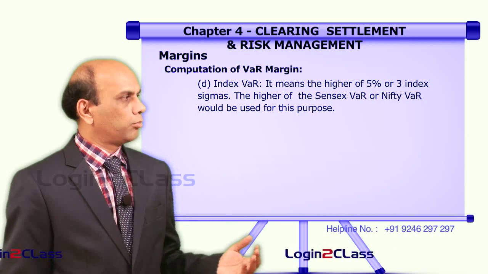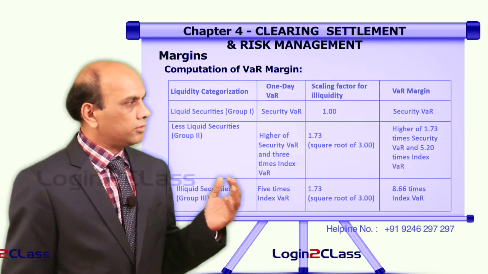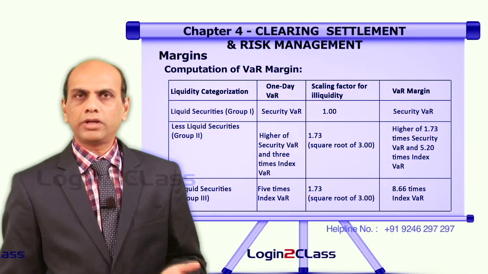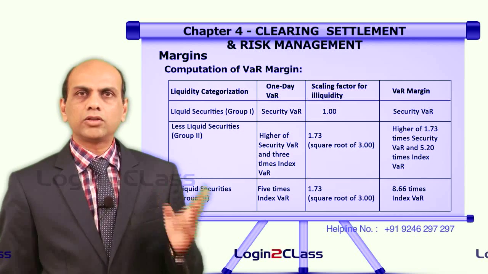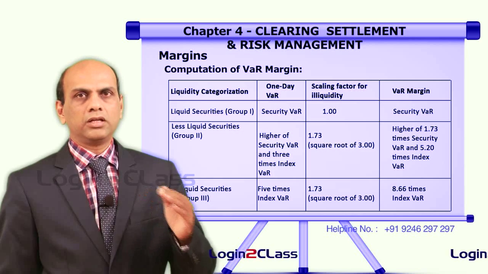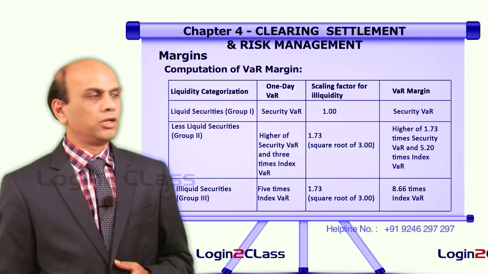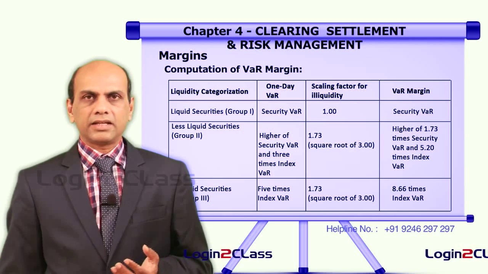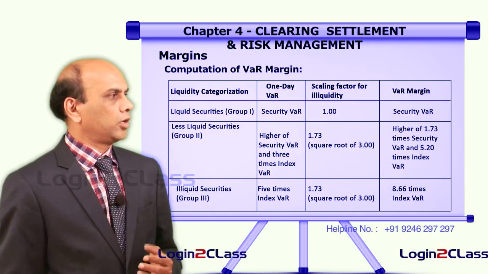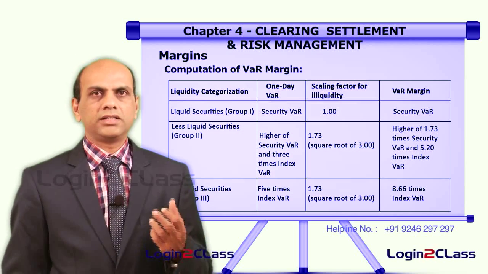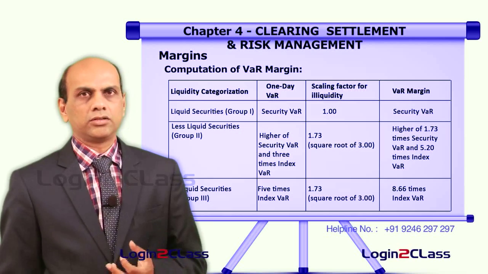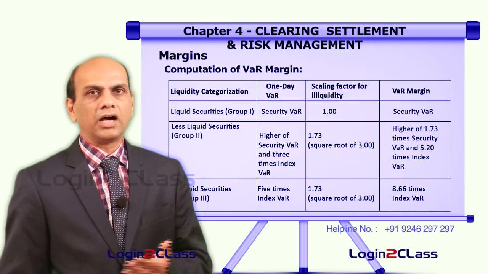Now, we can see a beautiful table where the VAR margins for different groups of securities are calculated. We have already seen there are 3 groups of securities. So, all the securities can be put under these 3 groups only. Now, if a security is categorized under liquid securities under group 1, then what is the 1-day VAR, that is what is the 1-day value at risk value arrived at using security VAR.